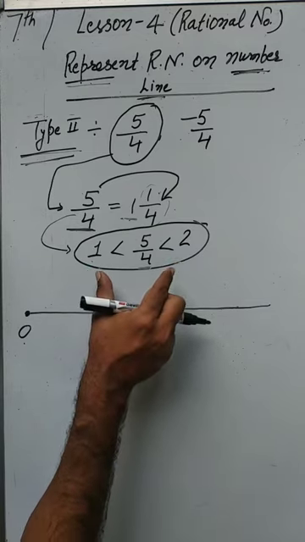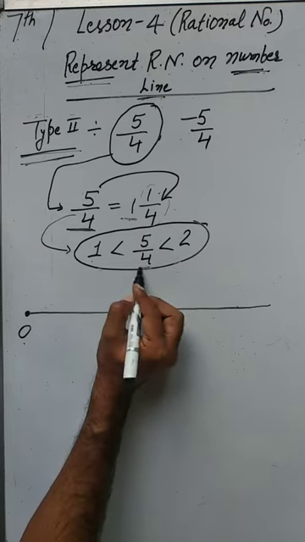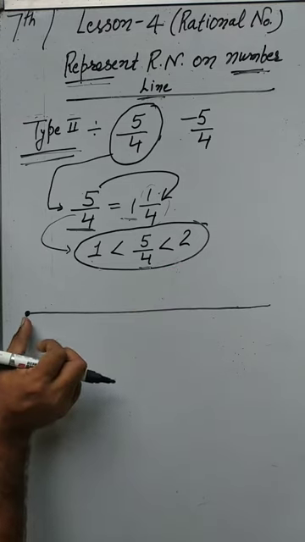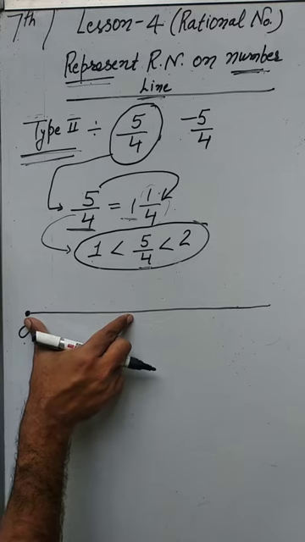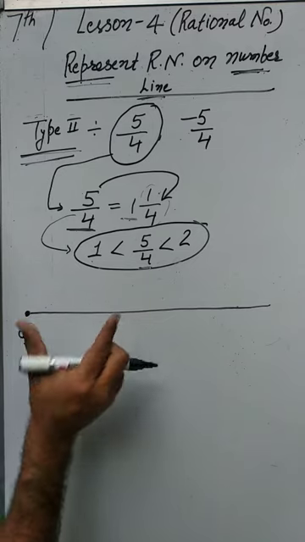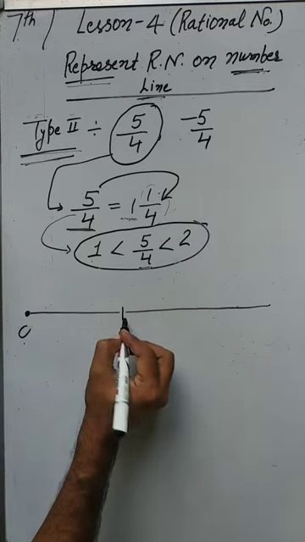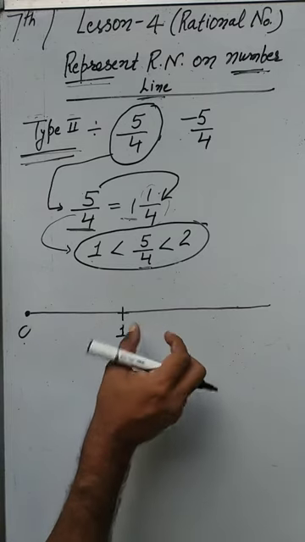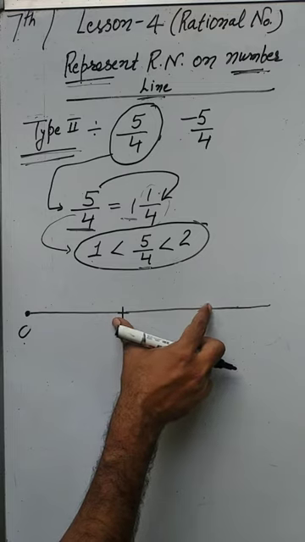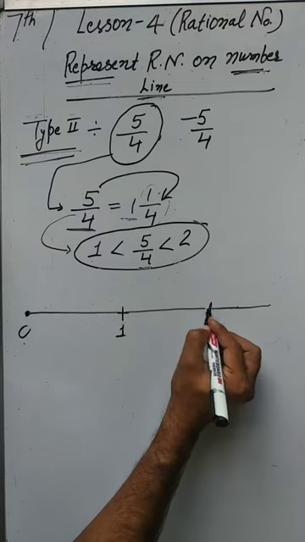So we will divide the portion between 1 and 2 into 4 equal parts. I mark here 1, and similarly at equal distance I mark 2.